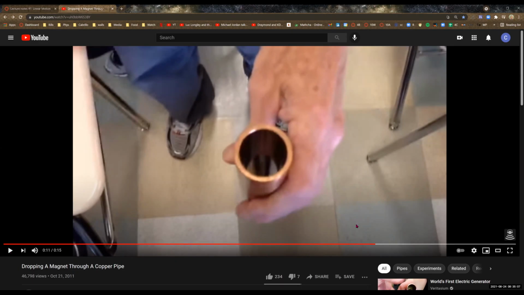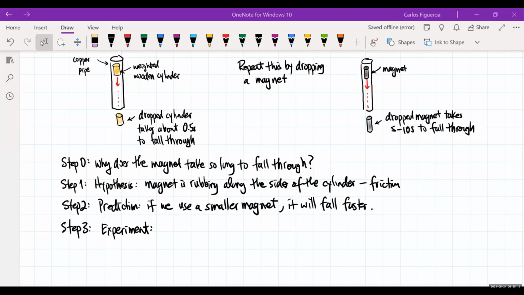And so what the experiment tells us here is that the magnet still takes 5 to 10 seconds to fall.